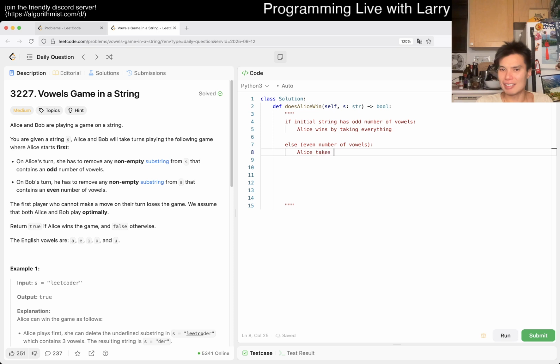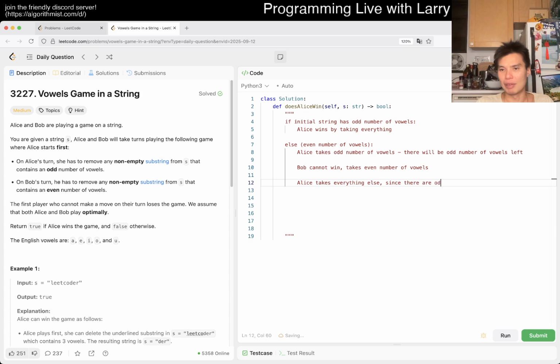Alice takes an odd number of vowels, so there will be an odd number of vowels left. That means Bob cannot win, because Bob cannot take everything, and there's at least one vowel left. Bob takes an even number of vowels, and then Alice takes everything else, since there are an odd number of vowels, so Alice wins.